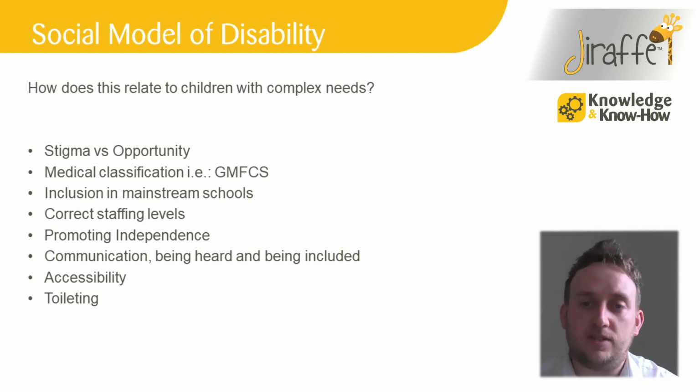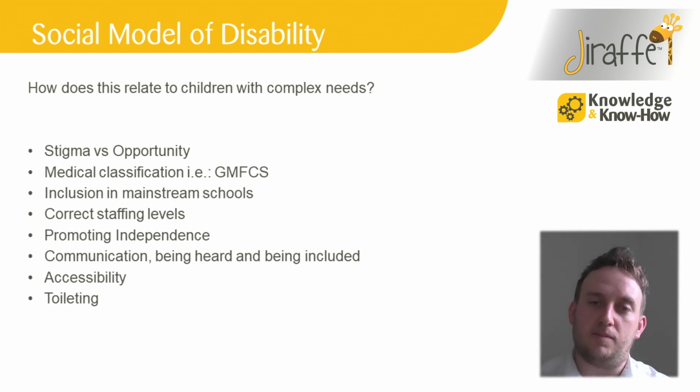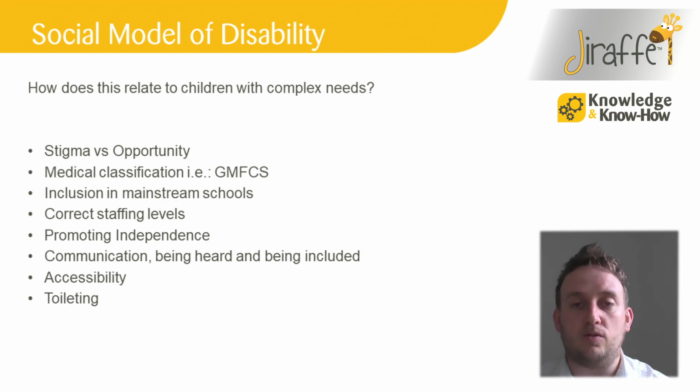Medical classifications. By labelling a child at a certain level, their GMFCS levels 4 and 5, for example, because there's quite clear guidance around what a child can and cannot do in terms of their motor skills, do we limit their opportunities to try to achieve certain goals and milestones?